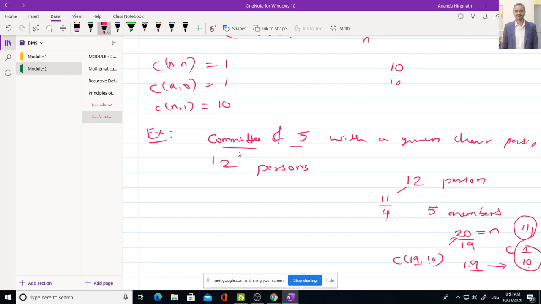Coming back to our problem, it has 12 persons. In how many ways can a chairperson be chosen here? See, there are 12 persons.